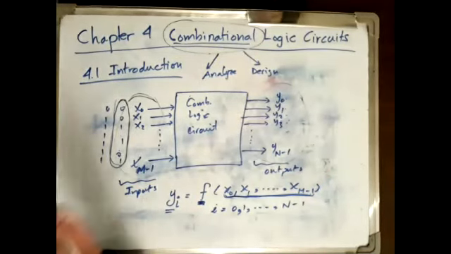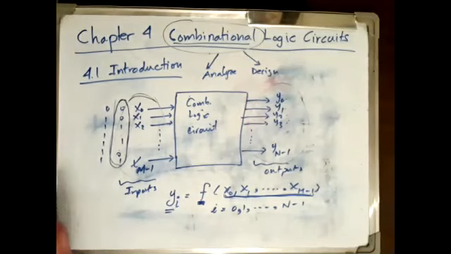So this is basically the definition of a combinational logic circuit. It is a digital system in which the outputs are only dependent on the current input combination at any instant of time. There is nothing else that can affect the value of the output except a change in the input combination.